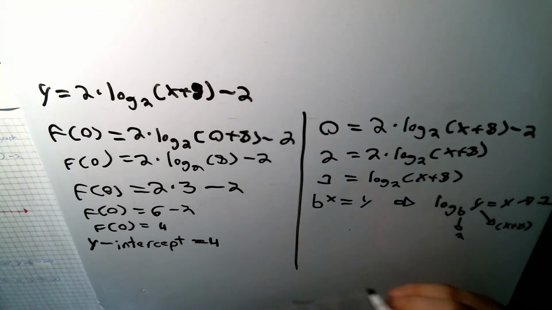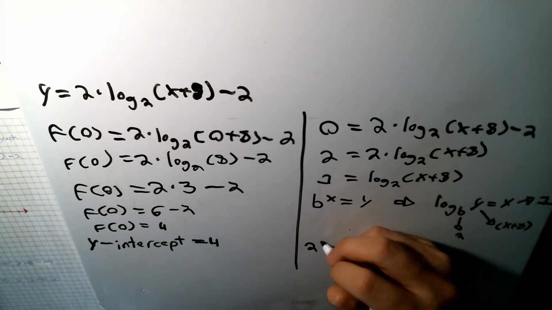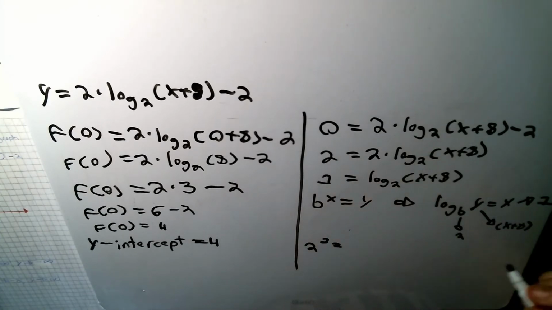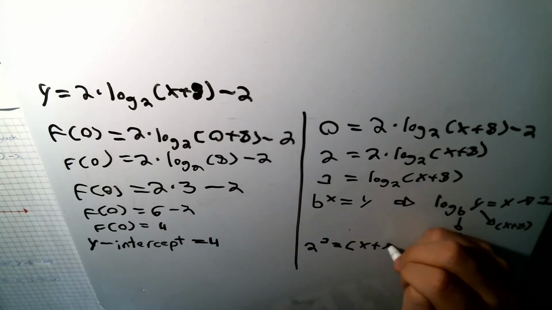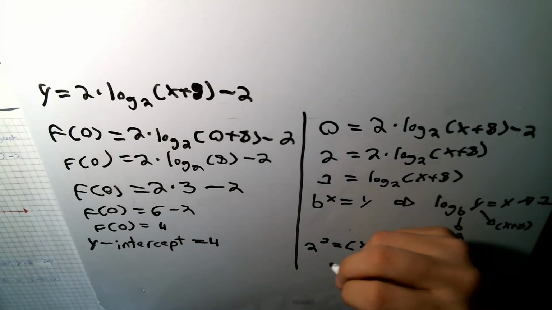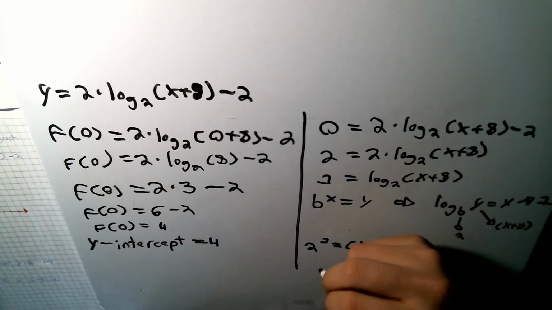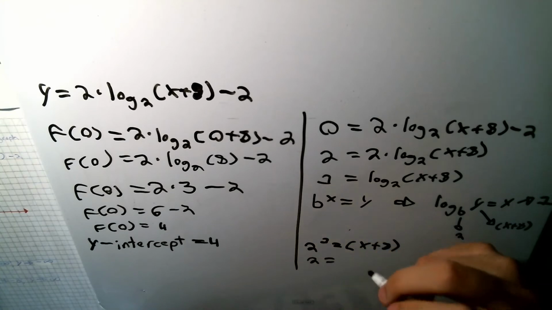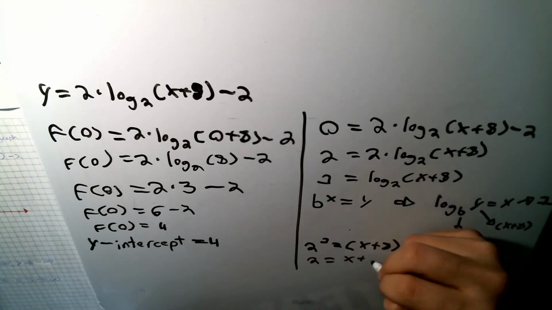So b, which is 2, to the power of x, which is 1, equals y, which is x plus 8. 2 to the power of 1, of course, is 2, which equals x plus 8.